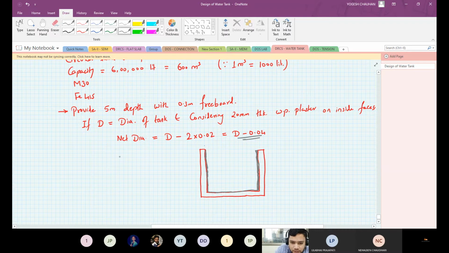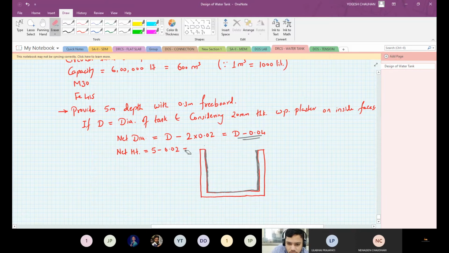And also your net height will be 5 minus this plaster at the base. So net height will be equal to 5 minus 0.02.